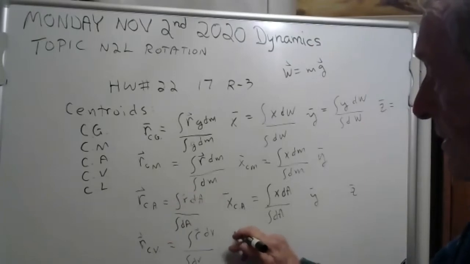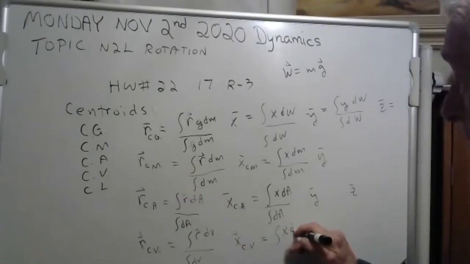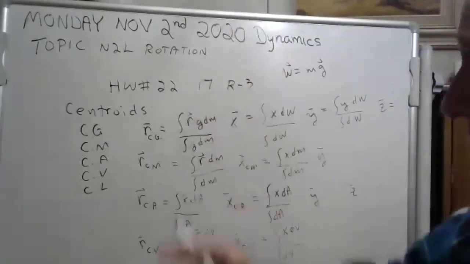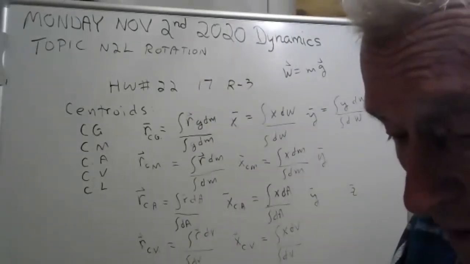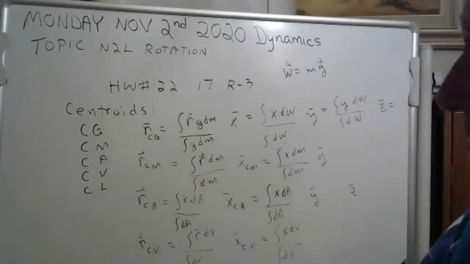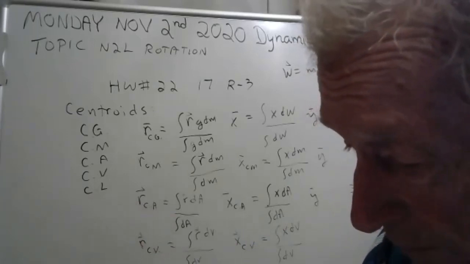And then you'll have a centroid of volume equals x dV over dV, and etc. We could do a quick example, I guess, and then move on. Okay, we're going to do an example now. I didn't get to centroid of length, but you can do those too.